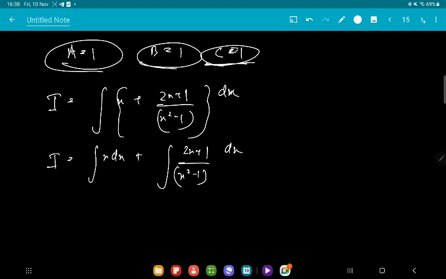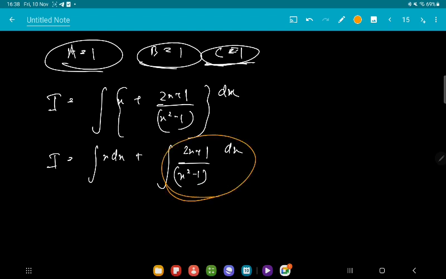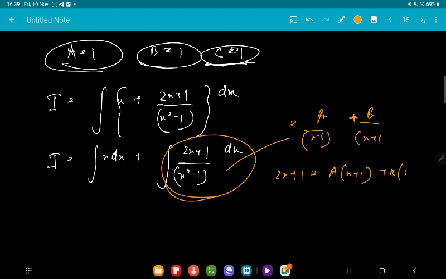Now resolving (2x plus 1) over (x squared minus 1), again here you have to apply partial fractions and solve it into A upon (x minus 1) plus B upon (x plus 1). Again when you compare, take the LCM: A(x plus 1) plus B(x minus 1). So you will get A plus B as 2.